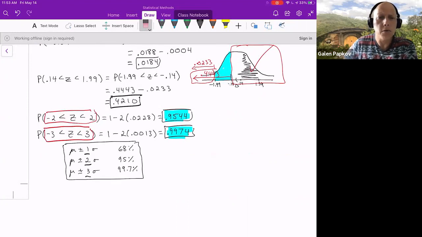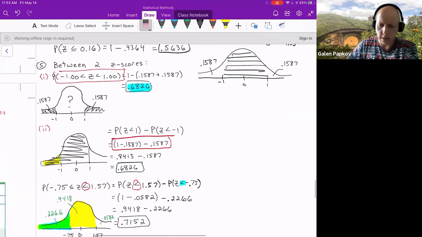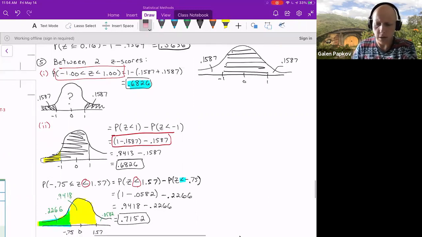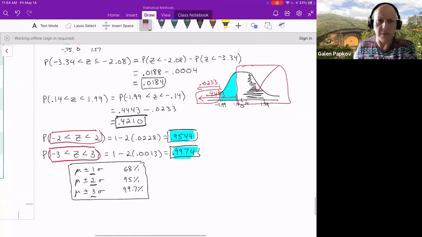So that's the empirical rule, which is an approximation, and you just solved the exact probability for all 3 cases. So 0.9974, 0.9544, and 0.6826. And so you can see how similar they are. It is pretty close. So it is a good rule to be familiar with.